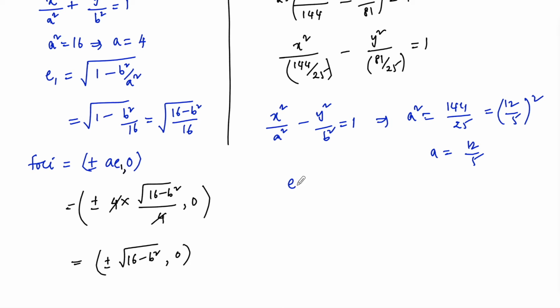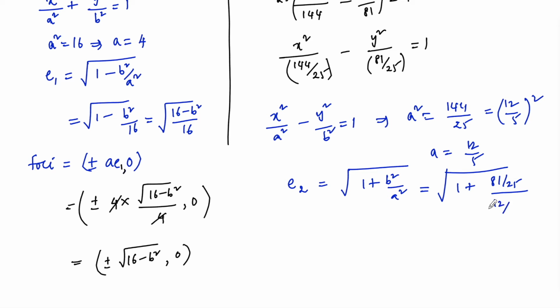And then eccentricity, let us consider eccentricity e2, is equal to under root of 1 plus b square by a square, which is equal to under root of 1 plus b square value, 81 upon 25, divided by a square value, 12 upon 5 whole square, that is 144 upon 25. So 25 and 25 get cancelled.